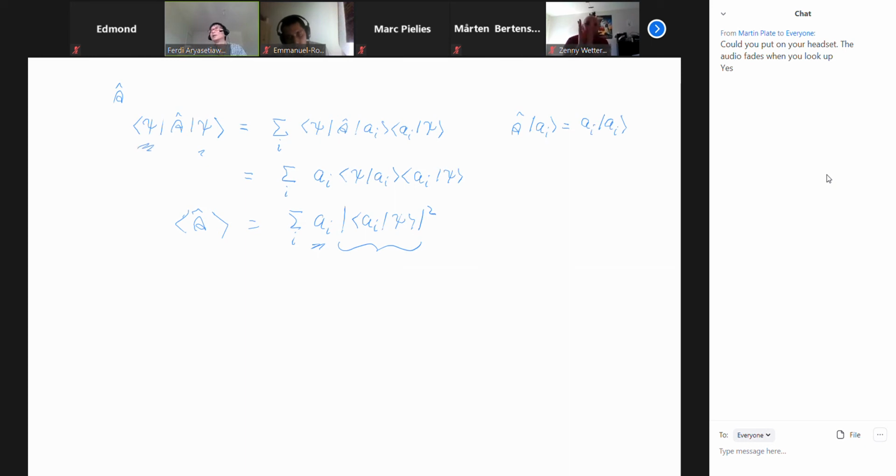Let's say we have particles like electrons, and we're just looking at the spin state. All these electrons are in, let's say, the spin up state, and then we can calculate the expectation value of some operators, known as spin operators, in this spin up state. So that's one example.